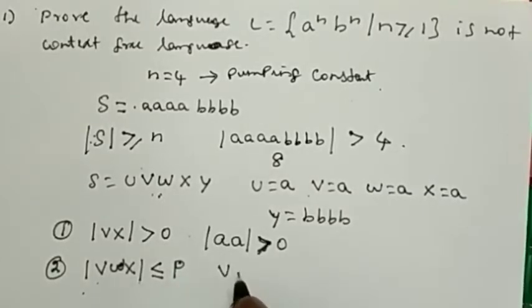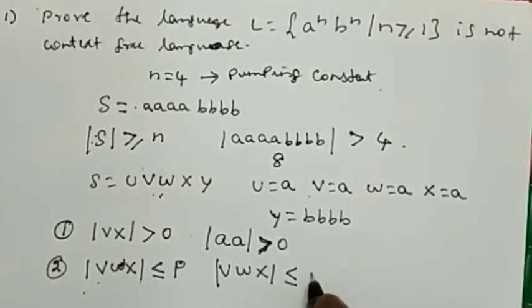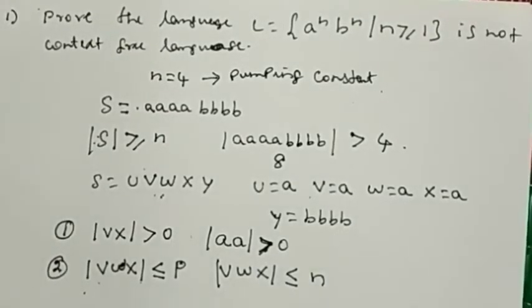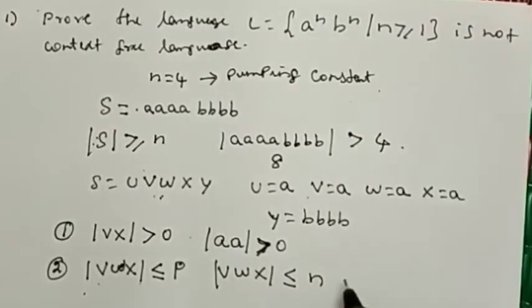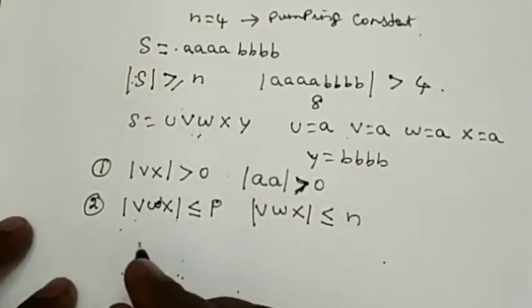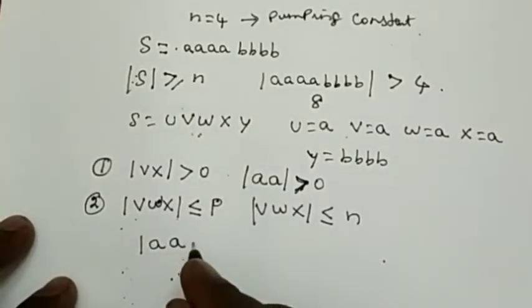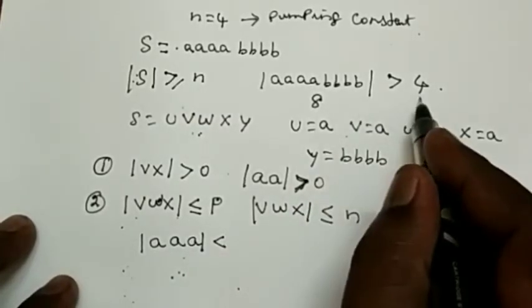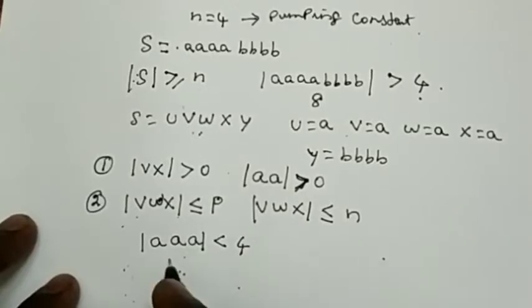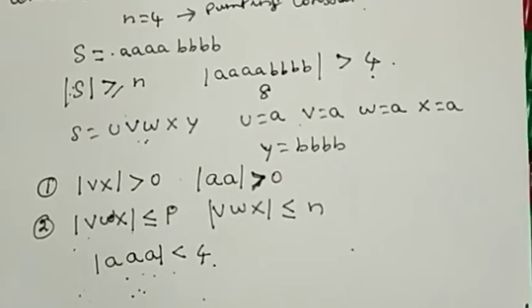So v, w and x should be less than or equal to n. Now what is the length of v, w and x? We are taking v as a, w as a, and x as a, so 3 a's is less than n. N is 4 here. So 3 is less than 4, so condition number 2 is also satisfied.